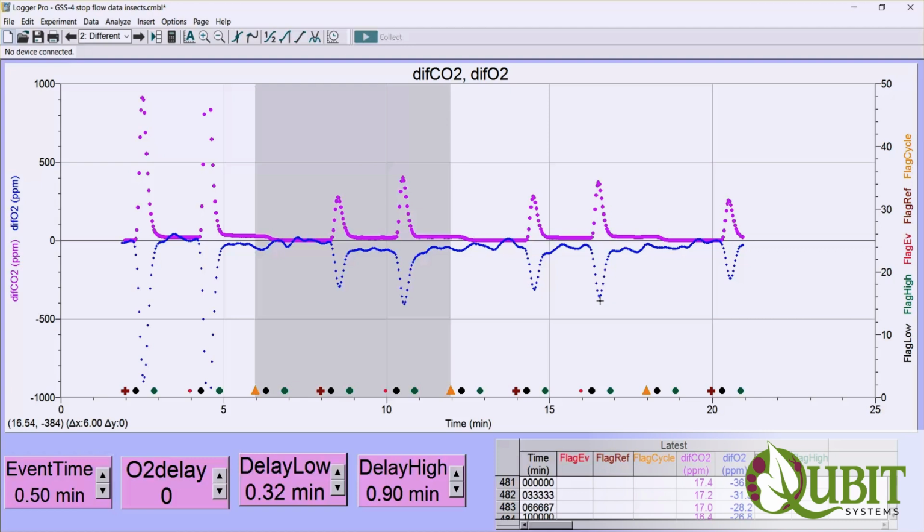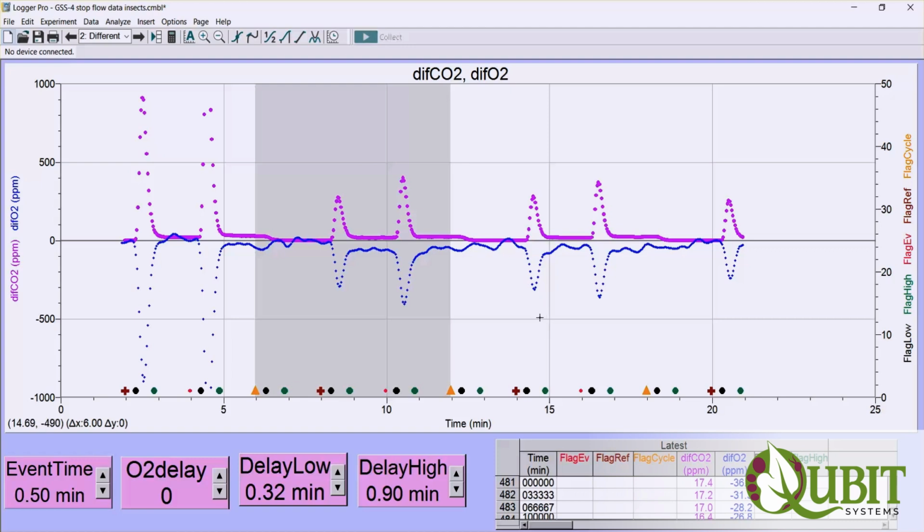The oxygen analyzer resolution is lower than that of the CO2 analyzer. The oxygen analyzer resolution is about 40 to 80 parts per million. So you need to have those peaks well above 150, 200 parts per million for them to be measurable. CO2 is not an issue.